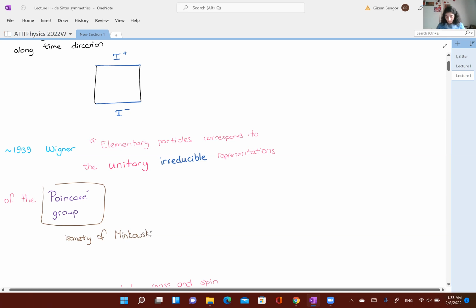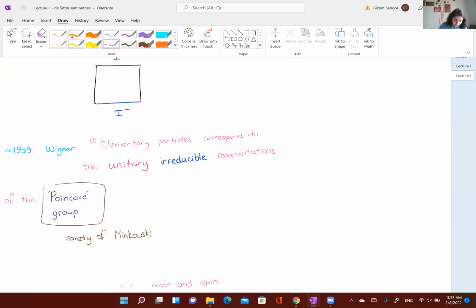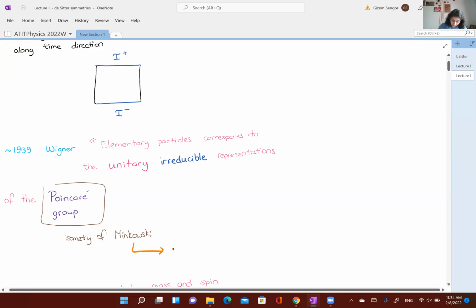Now, what group you need to focus on may change depending on the geometry you are considering. So, for instance, in our story, it's not Minkowski, but the spacetime is de Sitter. So we need to go back and think about what the isometry group is in this case. But the main message that stays is to focus on unitary irreducible representations to understand the physics of the situation.